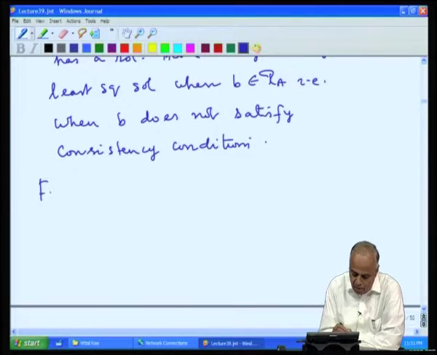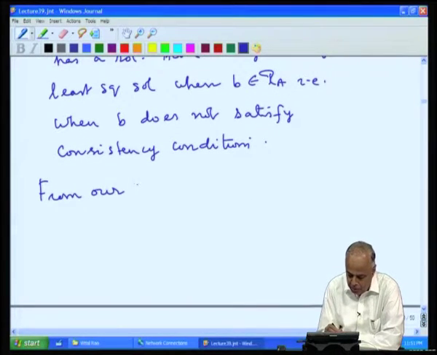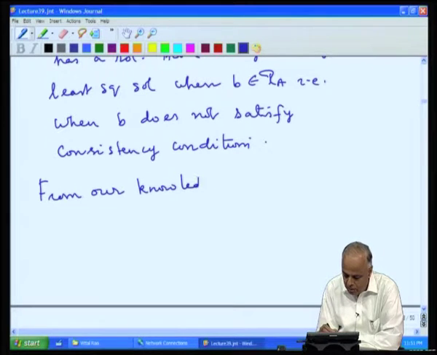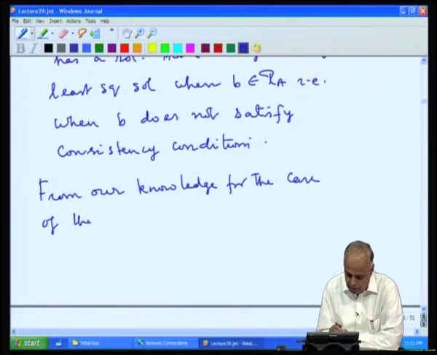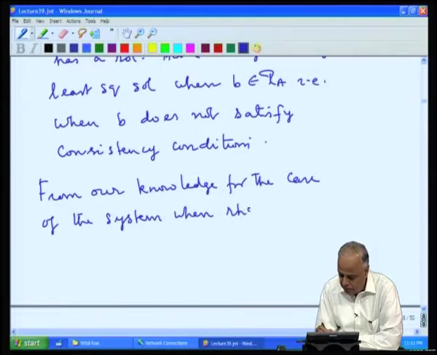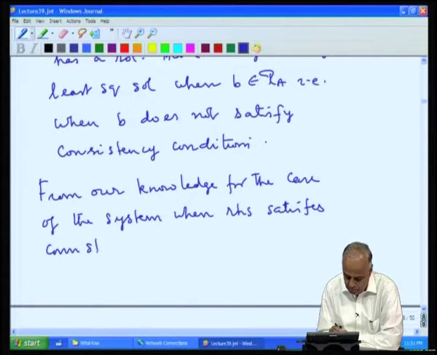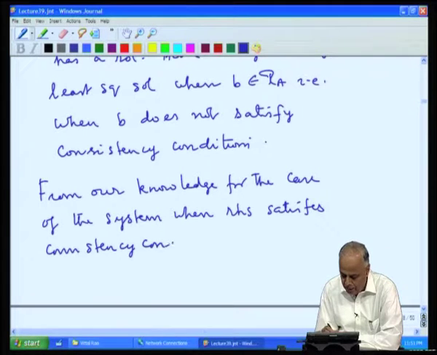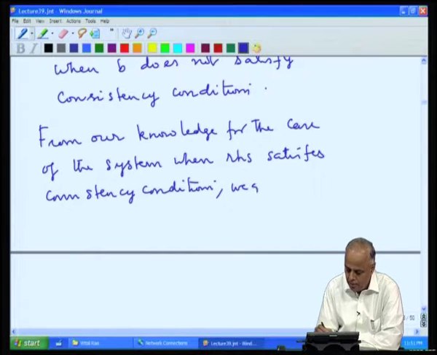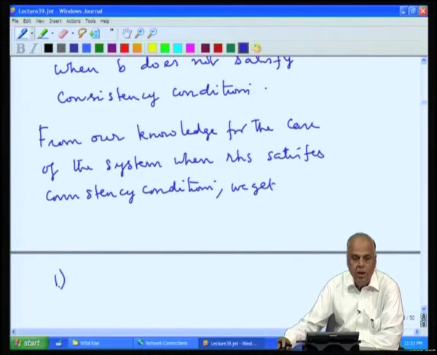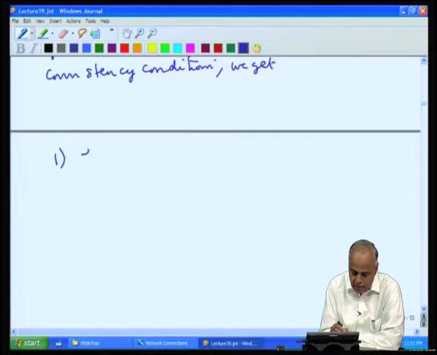So, from our knowledge of the case of the system when the RHS satisfies consistency conditions, we know that there were two cases, rho is equal to n and rho is less than n.